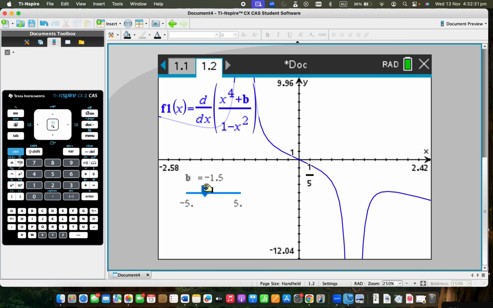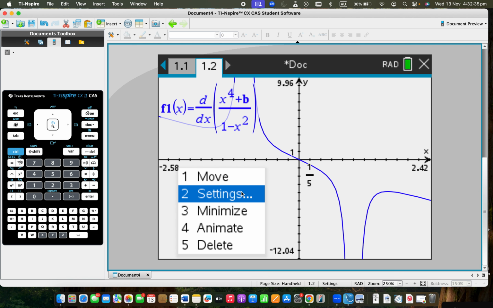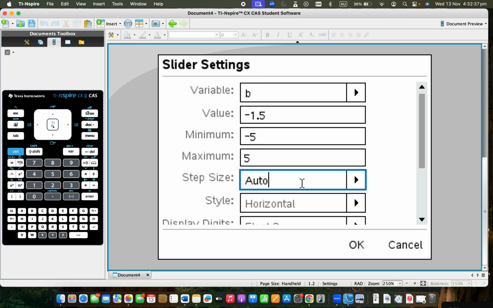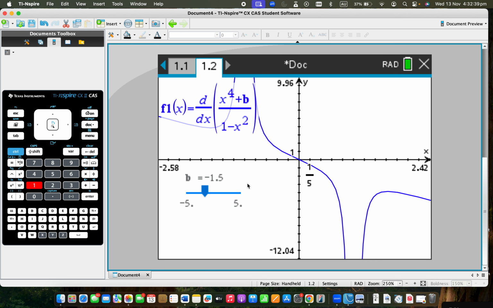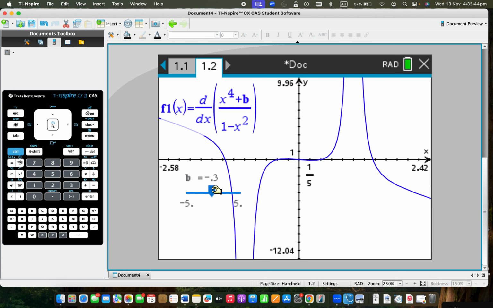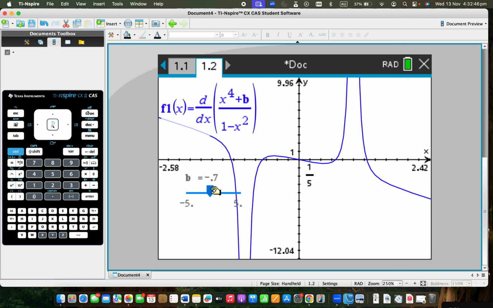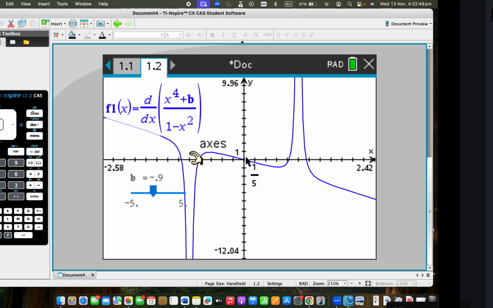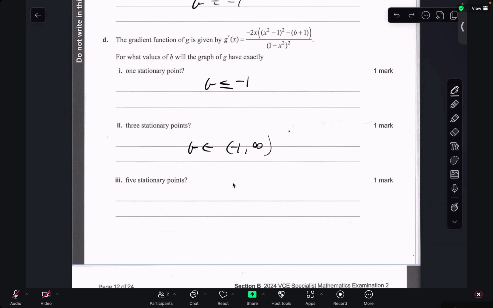And then let me just change my step size. So control menu. Let's just say 0.1. Okay, so yeah, so between 0 and 1. Okay, negative 1 and 0.